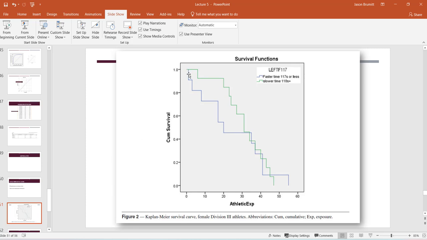The faster people, the first person got hurt right off the bat, like within a few days. And then the next one didn't get hurt till a few days later, and then a few days later. Whereas the slower person, it took longer. So this is one of mine, this is kind of a worthless one. It doesn't really tell you anything about how early into the season that somebody was getting hurt.